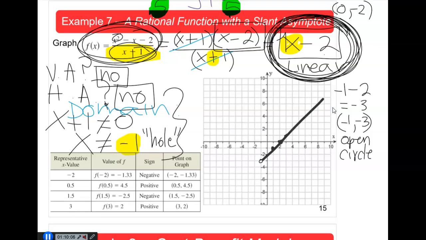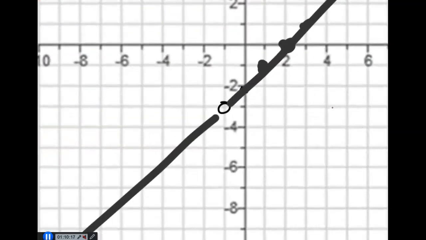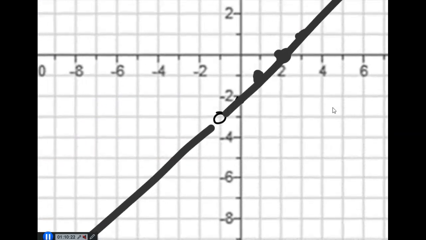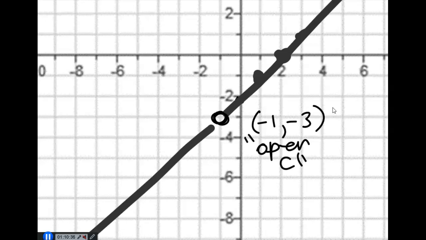But we cannot ignore the fact that we have an open circle right there at -1, -3, because for the domain it's all real numbers except that -1.